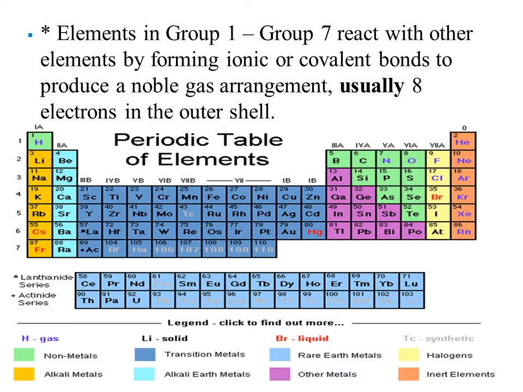They are all trying to achieve the noble gas arrangement. The noble gases are the column to the far right of the periodic chart. So usually 8 electrons will be in this outer shell.